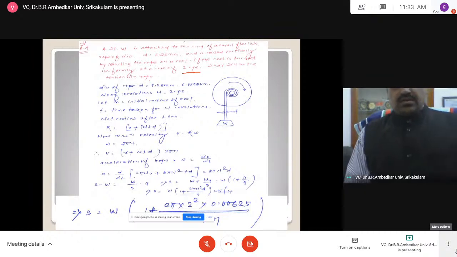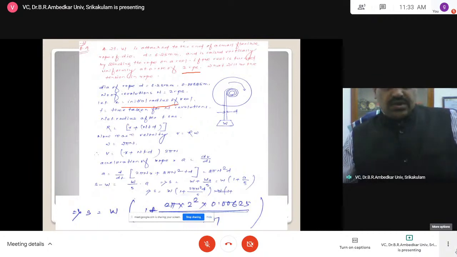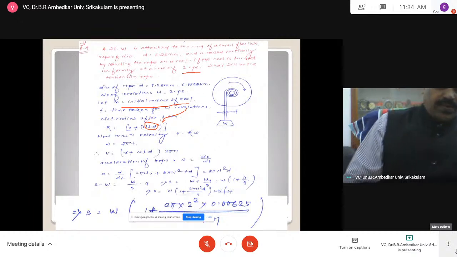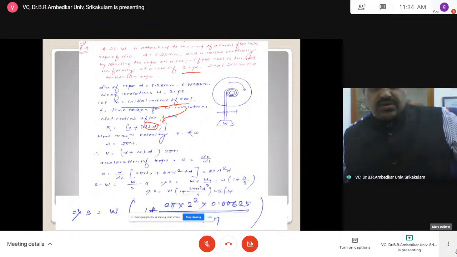So if we take the initial radius of the wheel, time taken for n revolutions, then find out the total radius, initial plus increment, or it may be decrement.